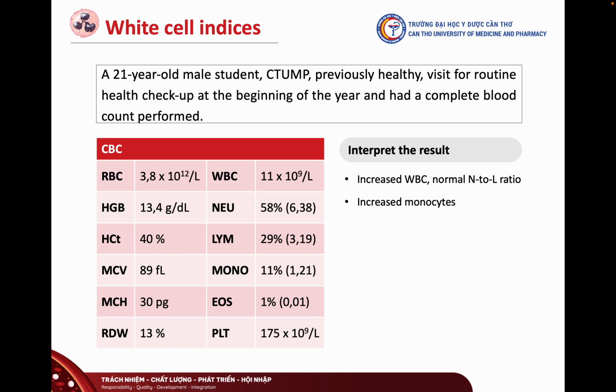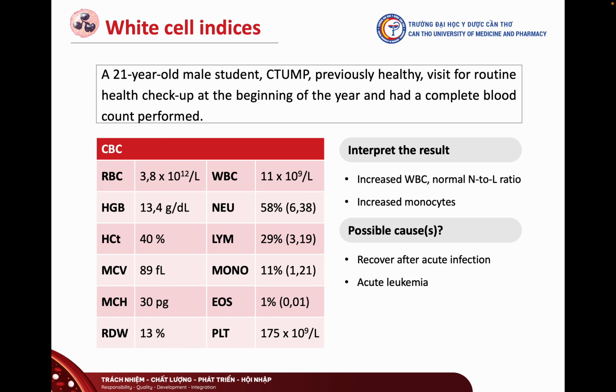But there is an important clue here. The neutrophil to lymphocyte ratio is still normal in this case. If this were acute leukemia, we might expect a reversed neutrophil to lymphocyte ratio, or more widespread abnormalities. So the possibility of false monocytosis due to blasts is less likely, though not ruled out entirely.